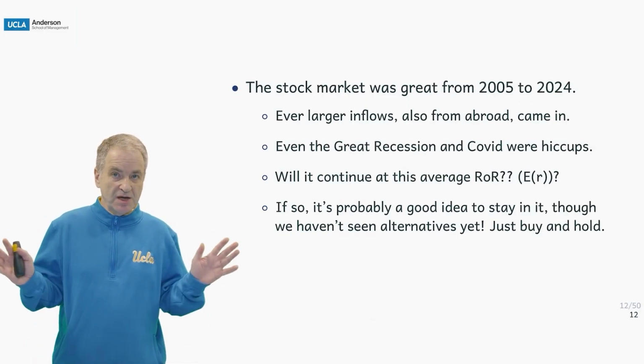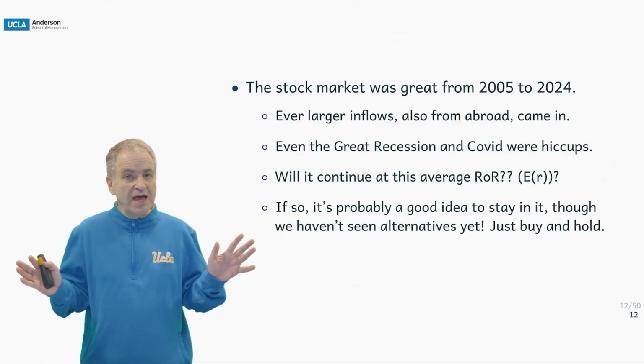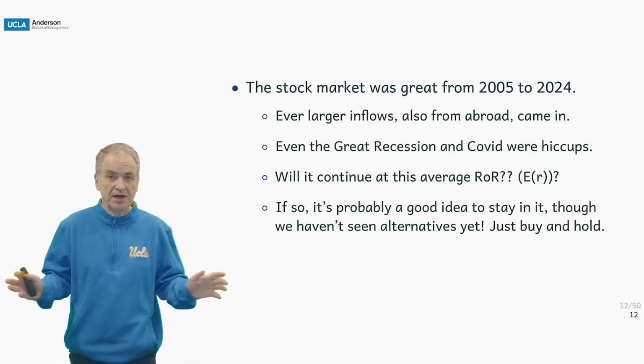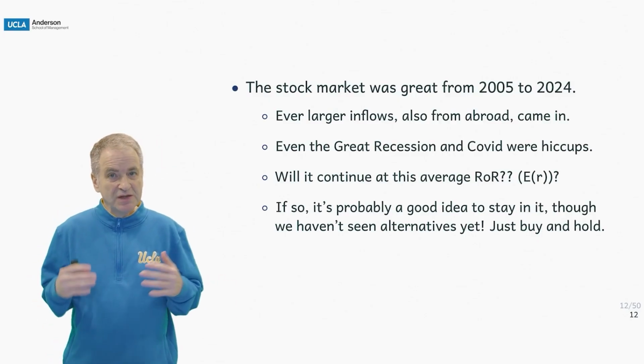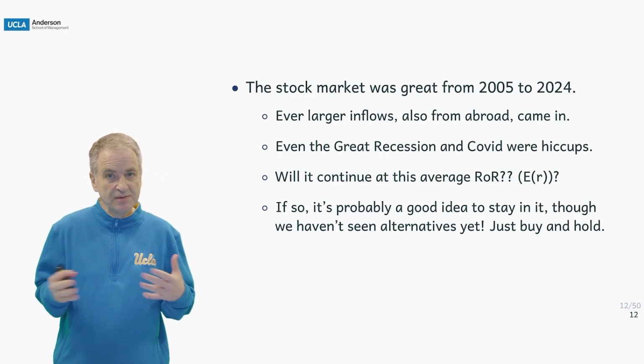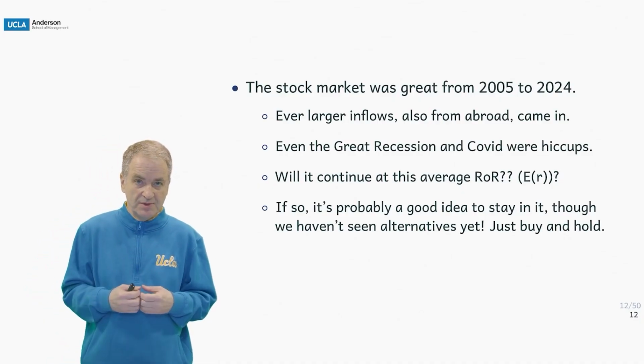Now, stock market was great from 2005 to 2024. There were ever larger inflows, lots of them coming in from abroad. There was the Great Recession, there was COVID, but they all turned out to be hiccups in the scheme of things. They weren't drastic. It was not like the world was coming to an end.